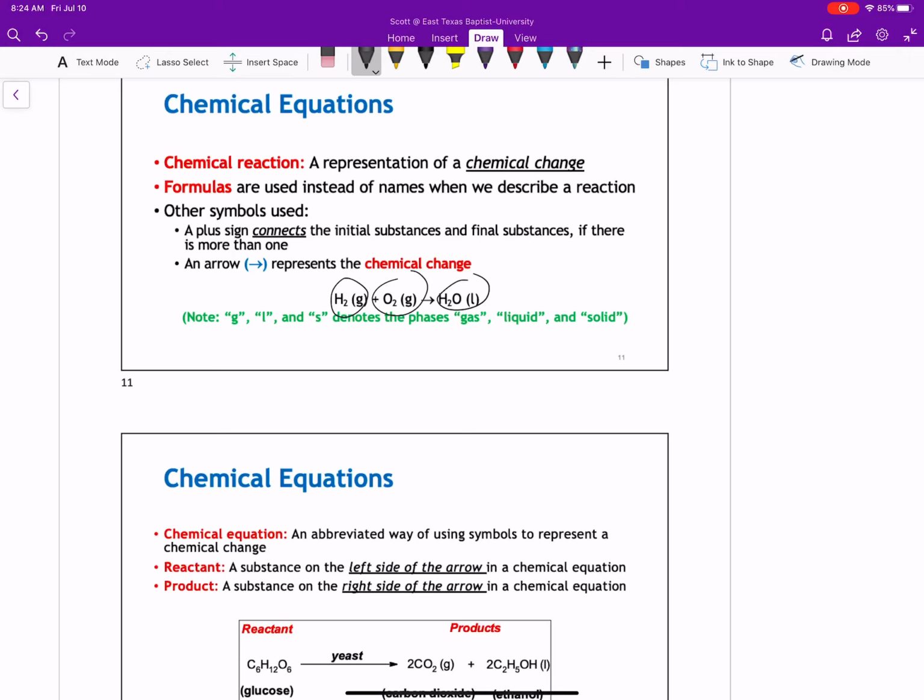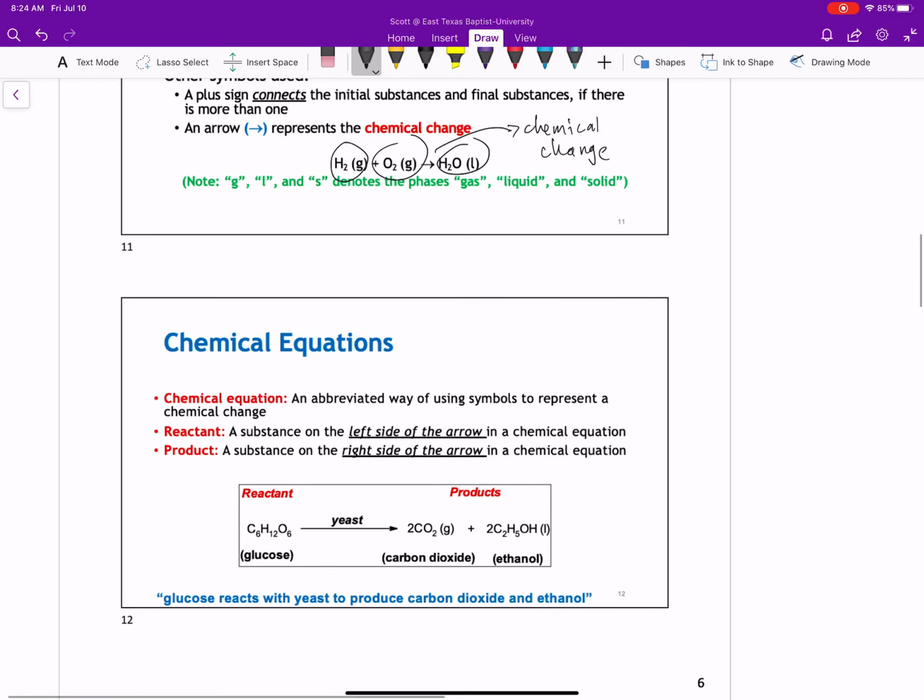So this is hydrogen gas, oxygen gas going to liquid water, and the arrow represents chemical change. And so it's saying that hydrogen and oxygen gases are the initial start materials, and then after the reaction is complete, you should have water. Okay, so we'll say the left side is called reactants and the right side is called products right here.